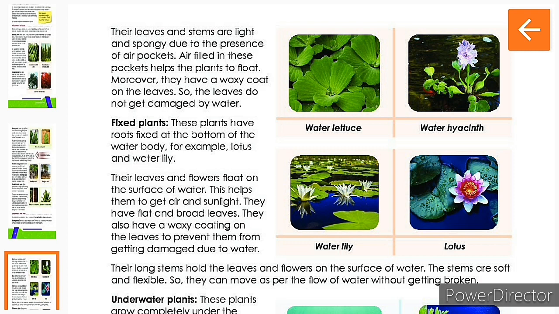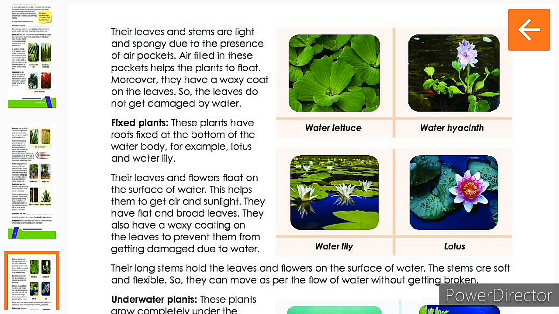Their long stems hold the leaves and flowers on the surface of the water, and the stems are soft and flexible, which means they can bend easily.